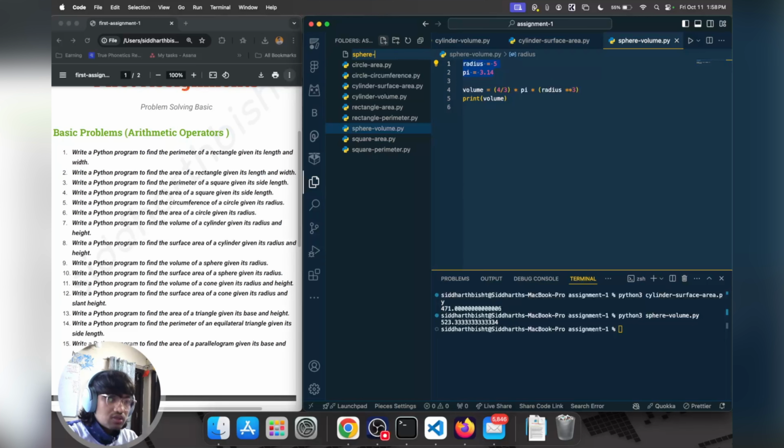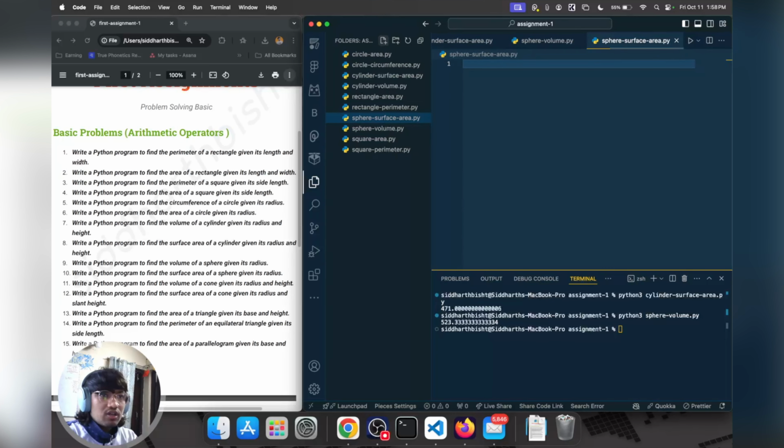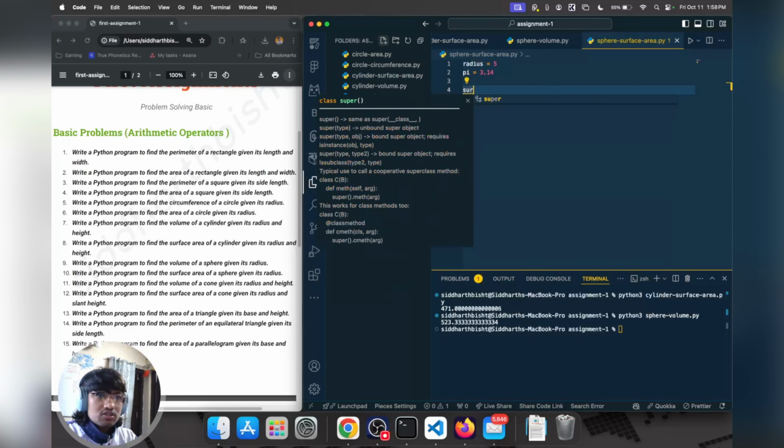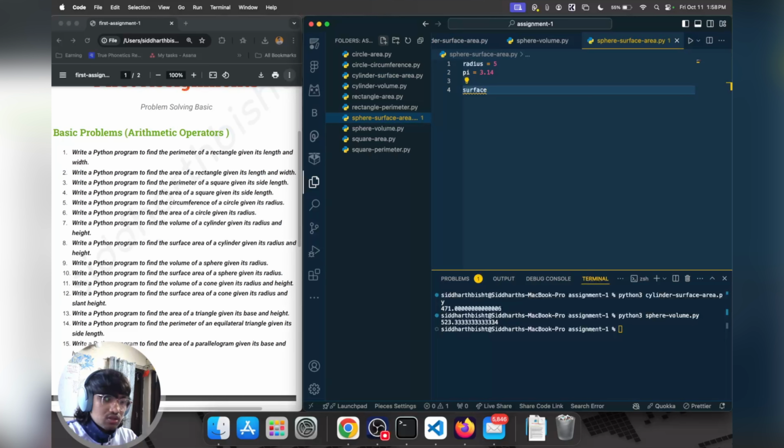Sphere surface area dot py. I will take these both, radius as well as the value for pi, and I will just write surface area equals, and the formula for surface area is 4 pi r square.